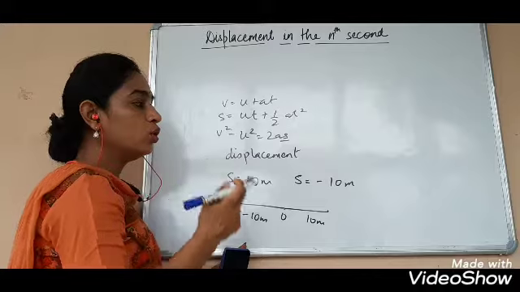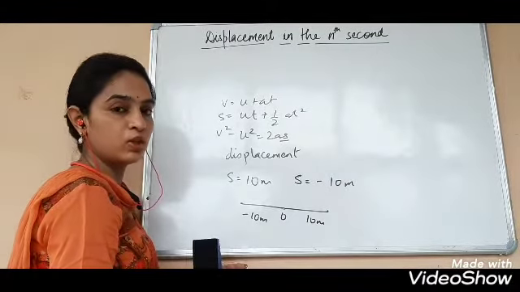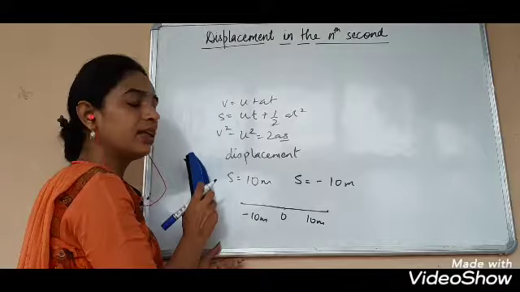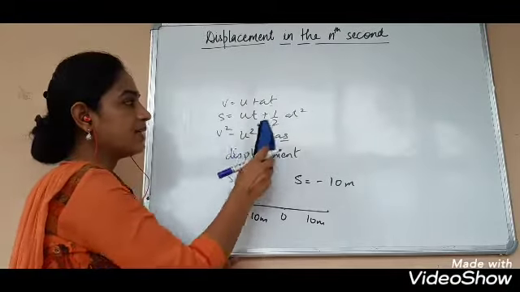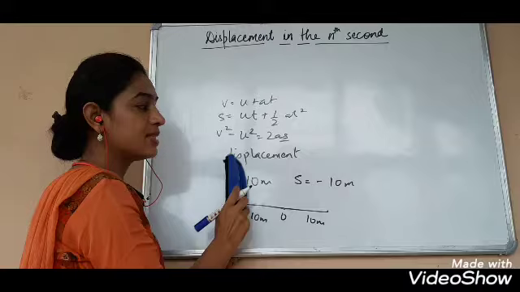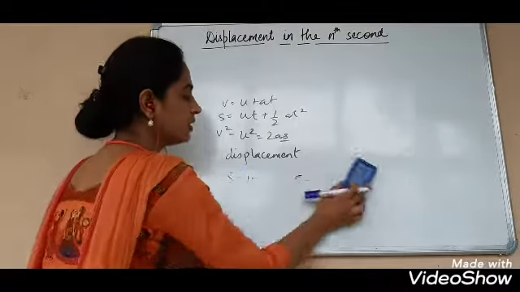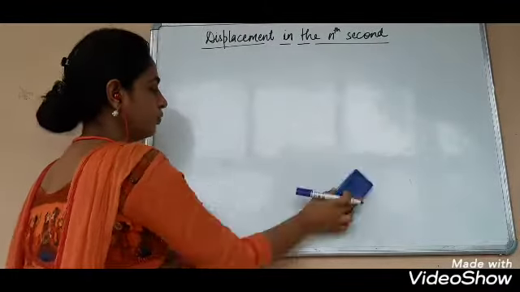Though we denote distance also with s and displacement also with s, in the three equations of motion the acceleration is constant and s is displacement, not distance covered. We'll see certain numericals also to prove this.